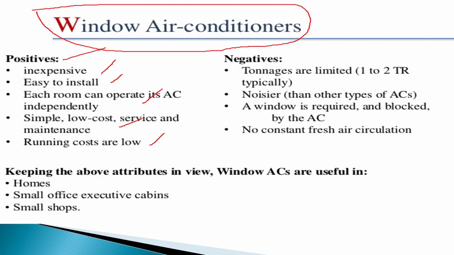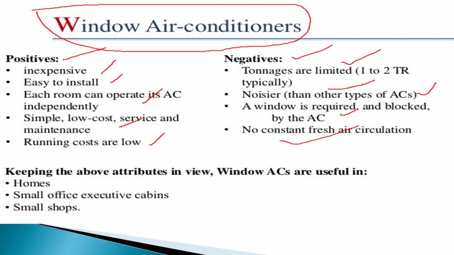When you go for negative points, tonnage is limited to 1 or 2 tons of AC. It is noisier than the other types because it is located in the room, so it creates noise. Then a window is required and it is blocked by the AC.